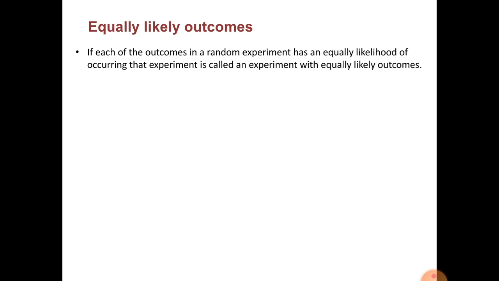You can easily understand that by the topic, equally likely outcomes. For an example, getting head when tossing a coin, you will have one answer. Getting tail when tossing a coin, you will have one answer. So the answers are equal.